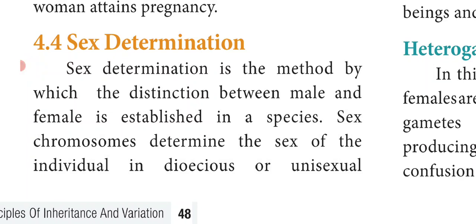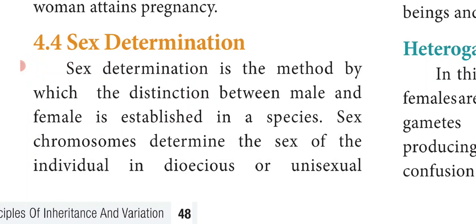In some species the sex chromosomes may be similar, and it is called homomorphic in one sex. For example, in a particular species, one sex has homomorphic, that is similar chromosomes, and the other sex has dissimilar, that is heteromorphic.